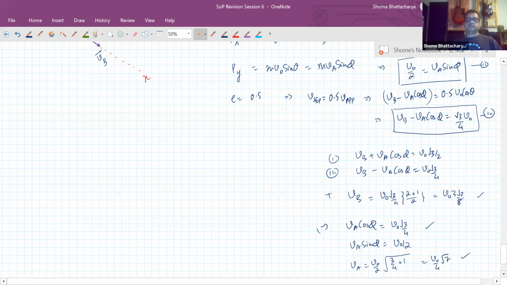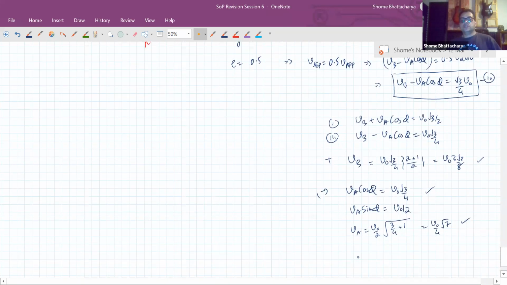Okay. And we'll also see that phi will become tan inverse of 2 by root 3.